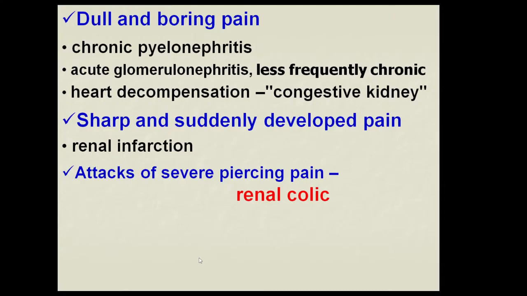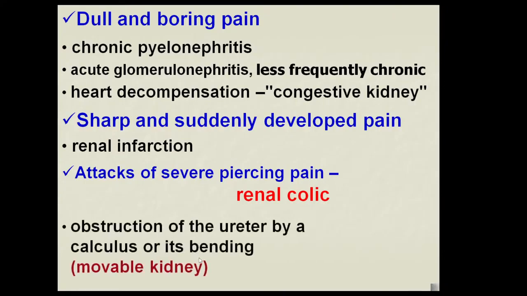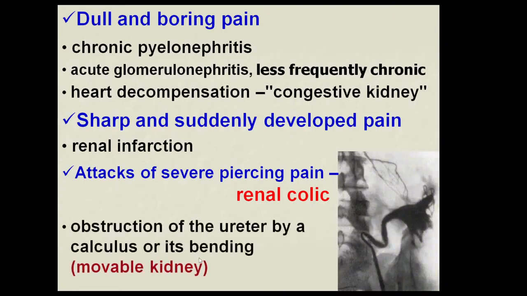Sharp pain which appears as an attack is called renal colic, which is characteristic for obstruction of the urinary tract with a stone, true renal colic due to nephrolithiasis, and sometimes it must be differentiated from movable kidney.